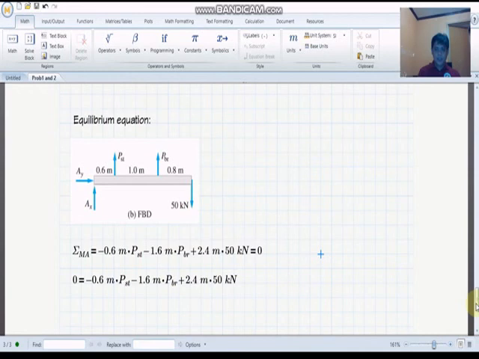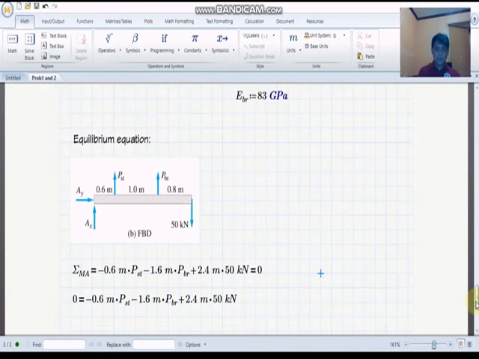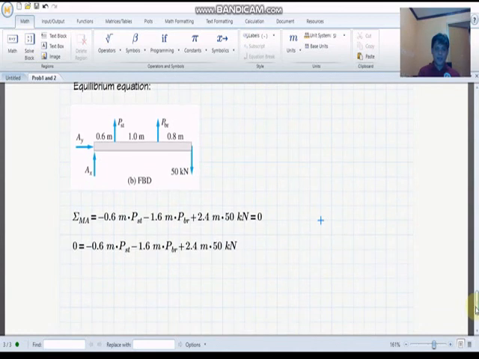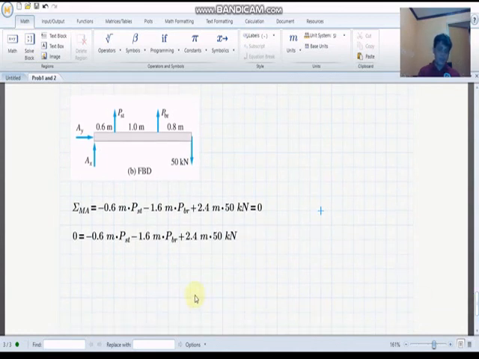But since we're after the stresses in the steel rod as well as in the bronze rod, it's better for us to express the forces in terms of the stress. And force is equivalent to stress times the area.